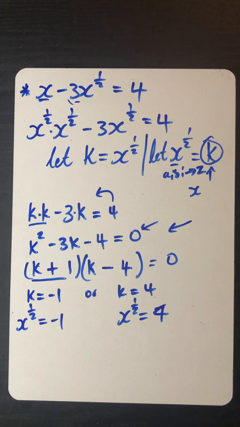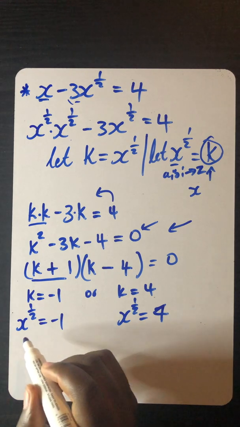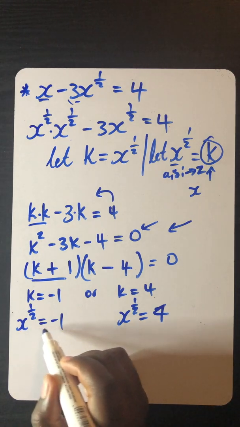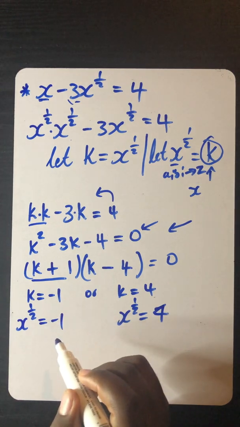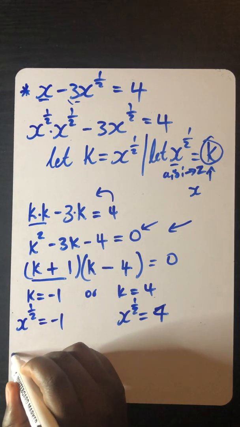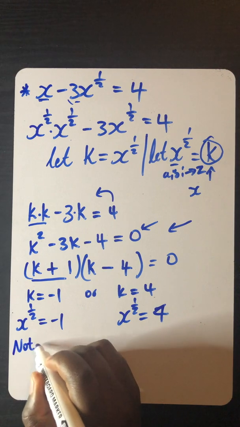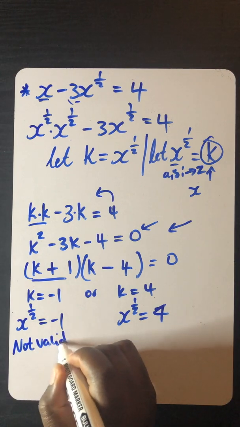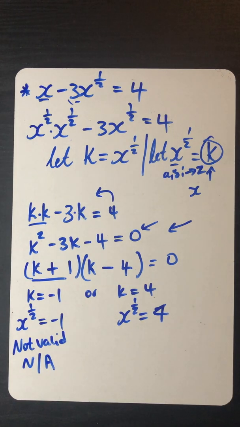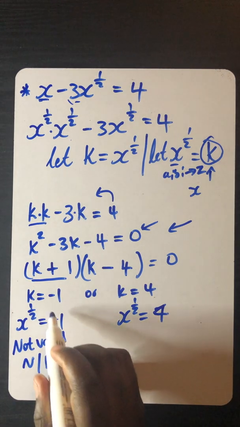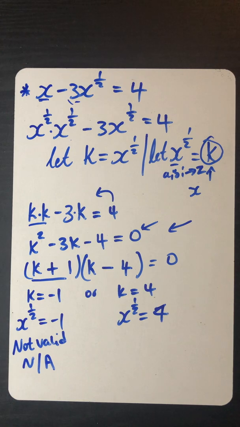Remember guys, because the bases are not the same and can never be the same, you can just say not valid. Or maybe one may even say not applicable. So in this case you cannot solve the value of x.